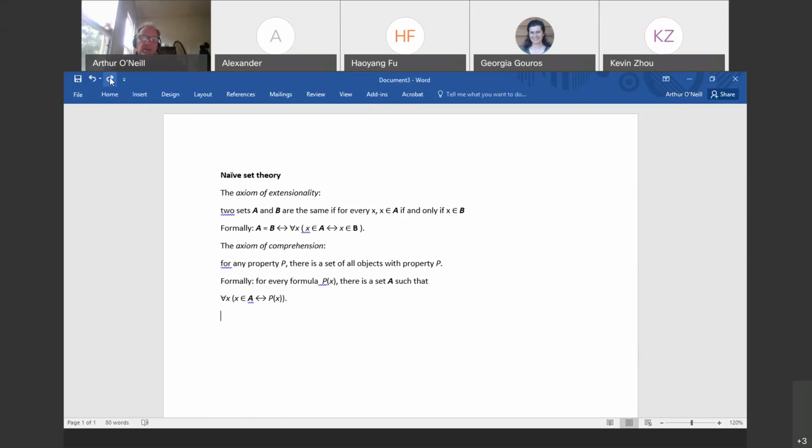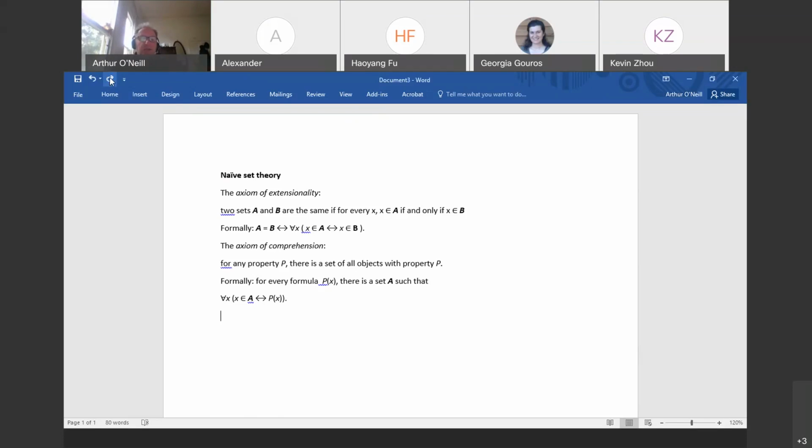So one thought is, sets are pretty basic to mathematics, so let's axiomatize set theory. The first thought was, well, there's a famous saying in philosophy, no entity without identity. If you want to talk about something, you've got to say what it is to recognize it again. So you say two sets are the same. It's called the axiom of extensionality, if and only if they have the same elements, basically.